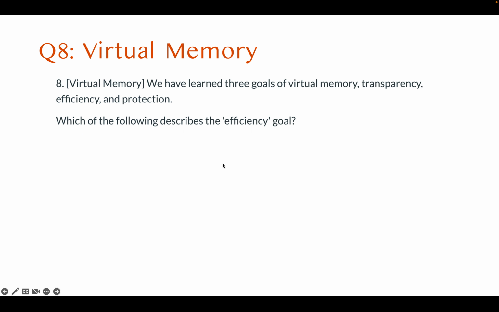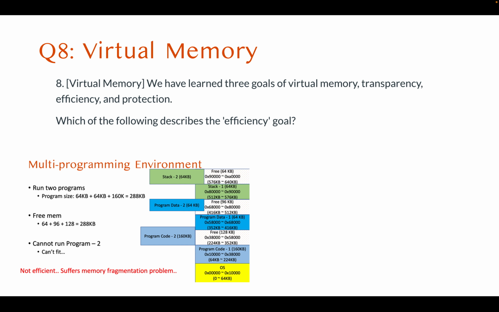Next one is about the same virtual memory, but about the efficiency. And the problem was about the memory fragmentation. So suppose we have two programs and the program one is already loaded. We have free spaces like 64, 96, and 128 kilobytes, but the sum of all free space is exactly the same as the second program's size.